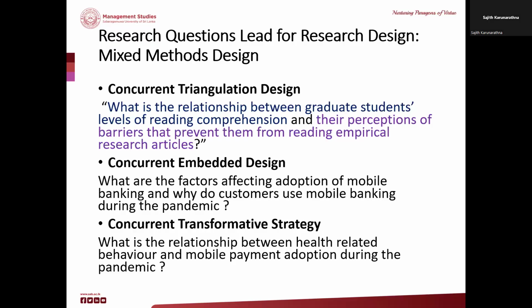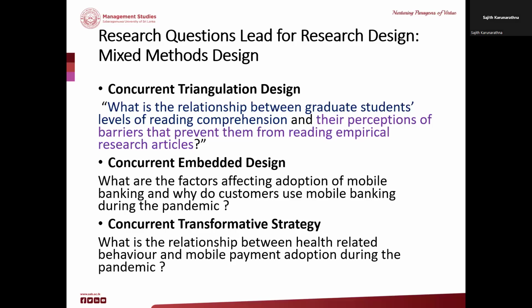But here, if you consider health-related behavior, there are different models and theories developed, like the health belief model and so on. And for mobile payment adoption, again, there are so many theories developed. Backed by the theory, the best suited approach for this is the concurrent transformative strategy.